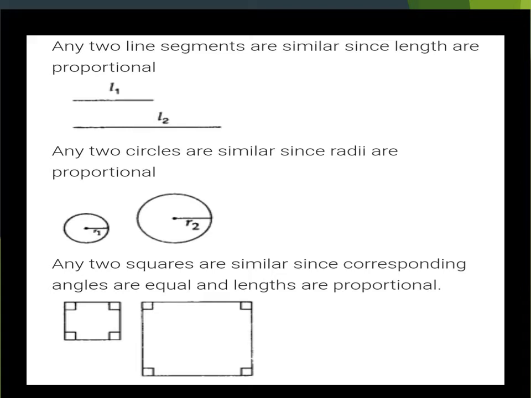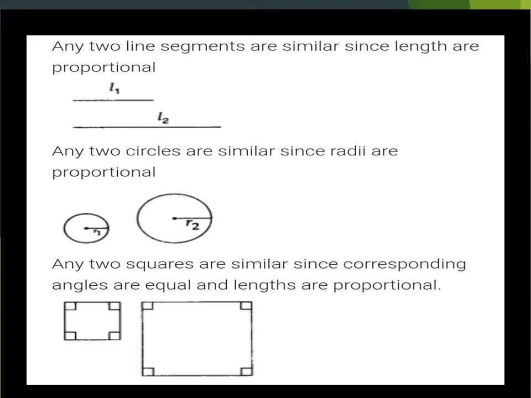It goes well with the example of squares as well. Consider any two squares. We all know the interior angle of any square. There are 4 interior angles and each angle is equal to 90 degrees, isn't it? So if you consider any two squares and take the proportion of any two sides, there is no need for a corresponding side here. You can consider one side of square 1 and any one side of square 2. Will the proportion change?